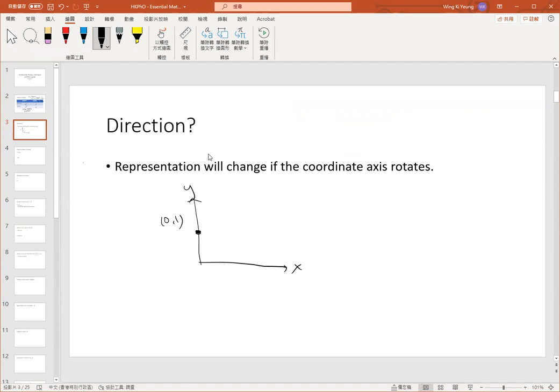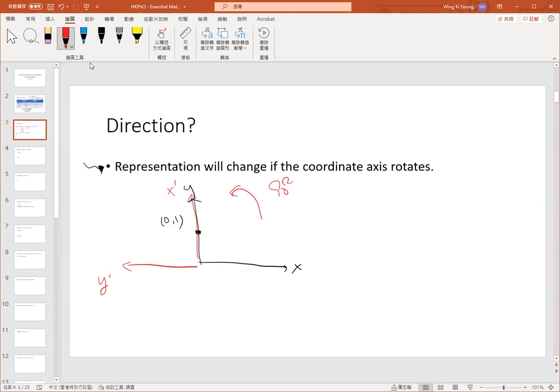So if that quantity contains a direction, okay, the representation of that quantity will change if the coordinate system rotates. So let's say I rotate the coordinate system by 90 degrees anti-clockwise. So this is the y-axis, okay, y prime axis, and then this is the x prime axis. So that means I rotate it by 90 degrees, and then I get a new coordinate axis.